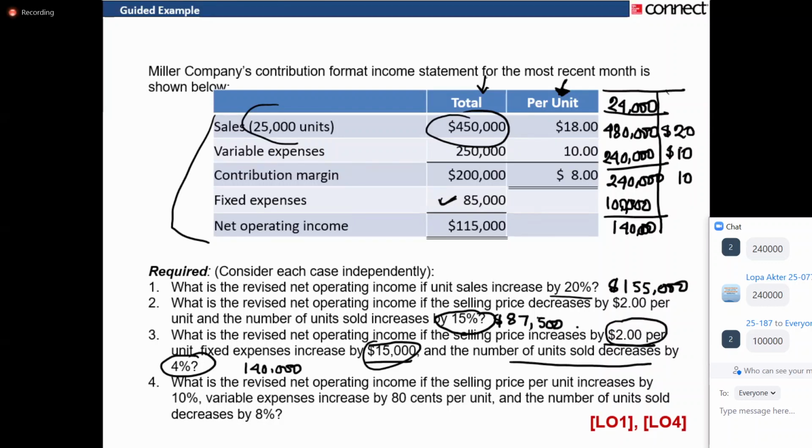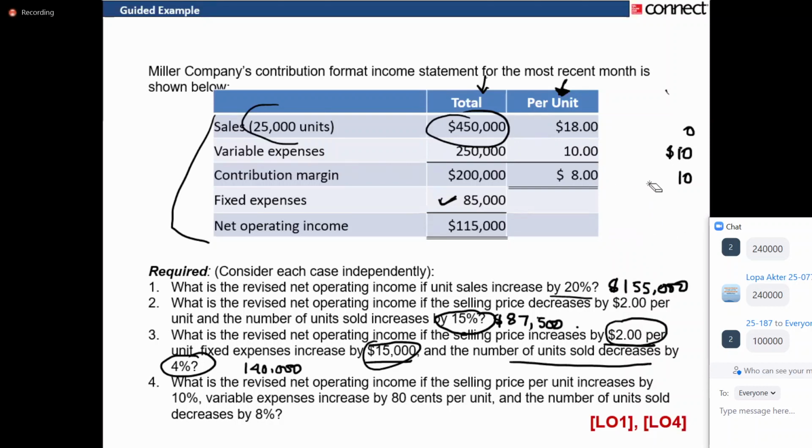Number 4, what is the revised net operating income if the selling price per unit increases by 10%, variable expenses increases by 80 cents per unit, and the number of units sold decreases by 8%? So again, so many things are happening at a time simultaneously. First of all, we would like to see whether there has been any change in the total units of sales.